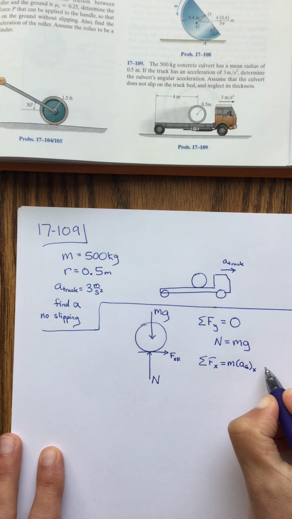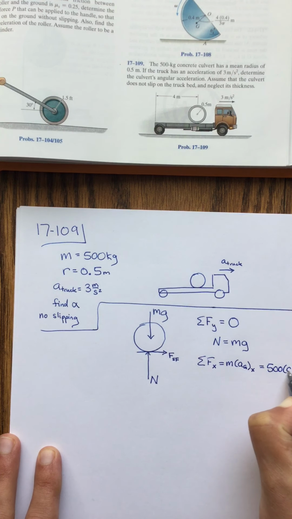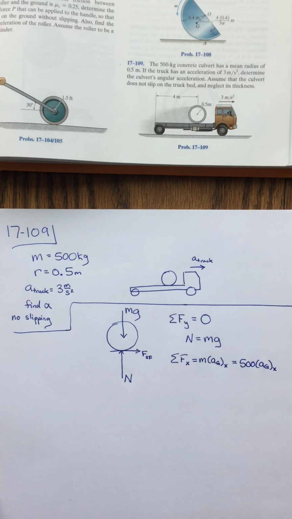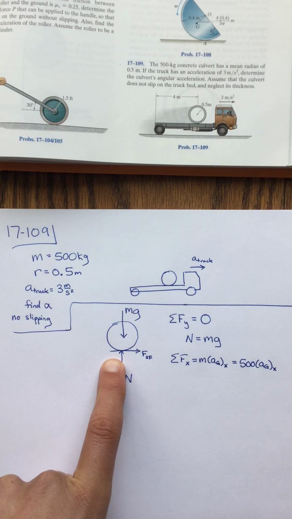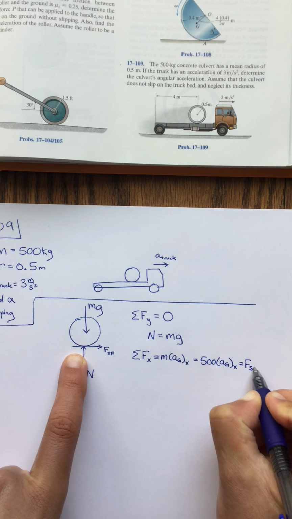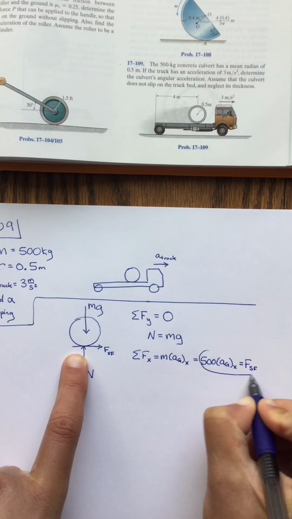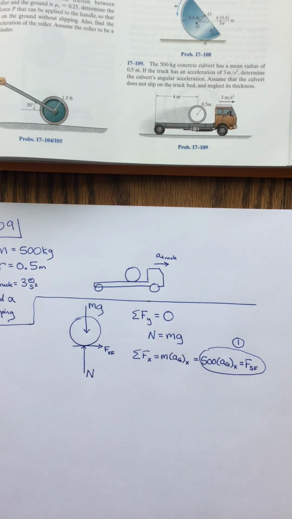And this mass is equal to 500, so we can call that 500 times the acceleration of the mass center in the x direction. Oh, and when I sum up the forces in the x direction, I have one force acting in the x direction, so that is the force of static friction. So let's call this equation 1.